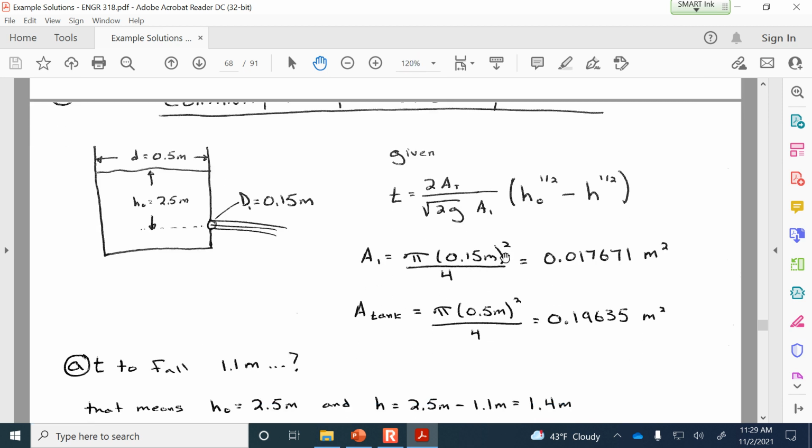All right, so once you find this first part, the 2 times the area of the tank divided by the square root of 2g times the area of the orifice, that will stay constant.